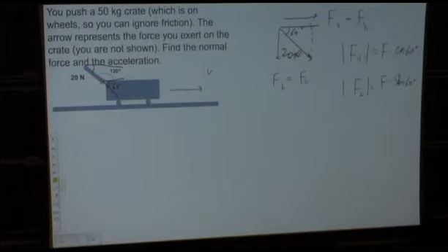So now the problem has more forces, but they are easier to deal with. So now what we have is an object. We have force of gravity acting on it, 50 times 10 equals 500 newtons. There is no friction, ignore friction.